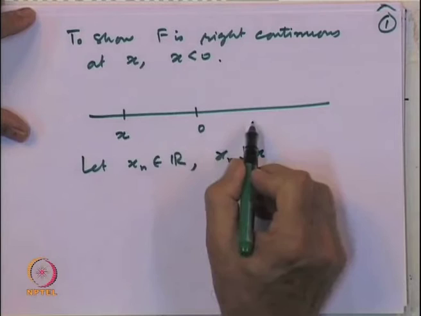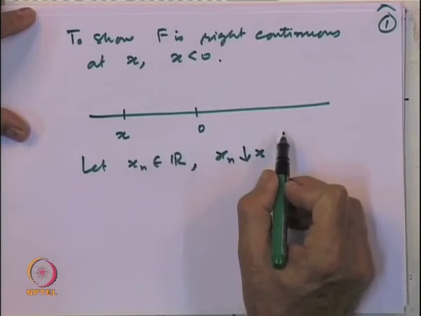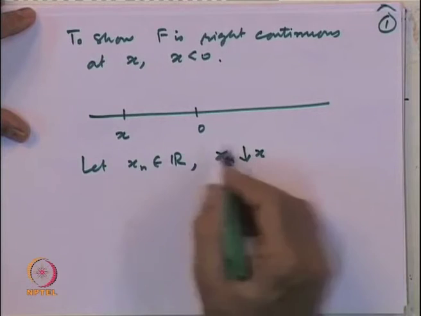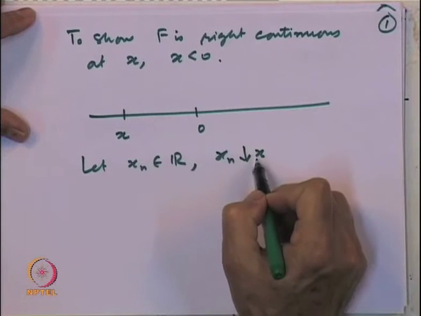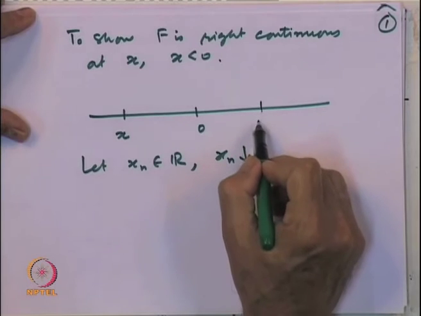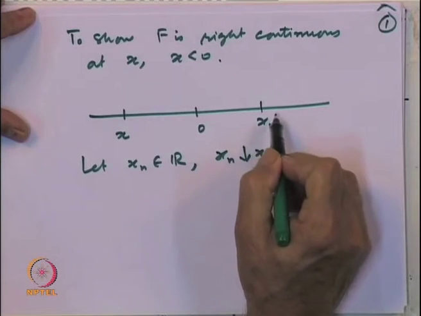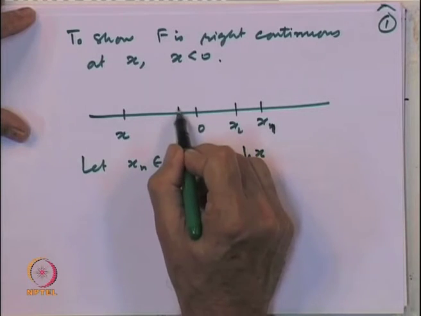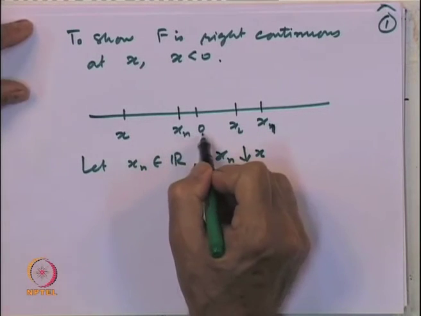That means all the x_n's are on the right side of x and are converging to x. So, here may be x_n, x_1, here may be x_2 and so on. After some stage x_n has to cross over the point 0.